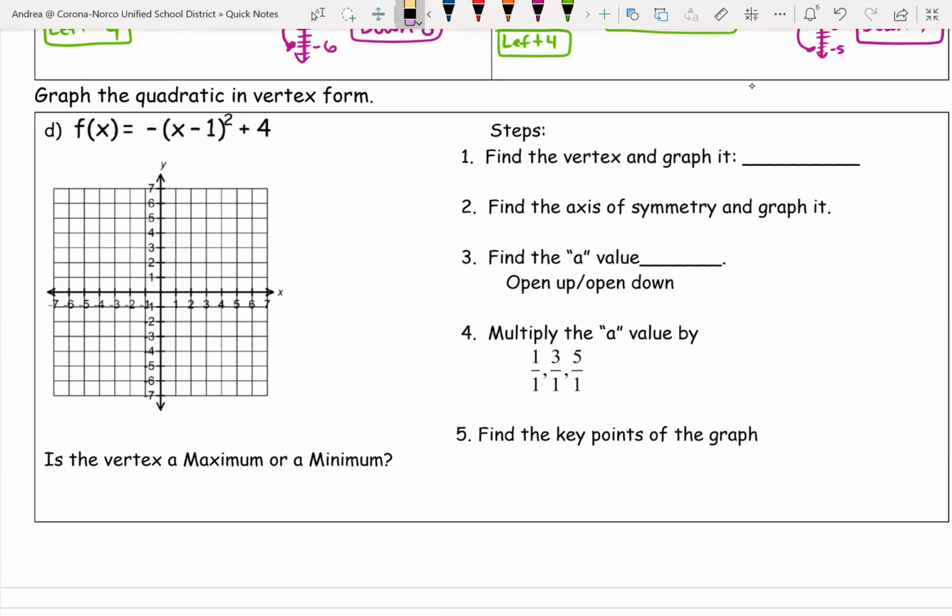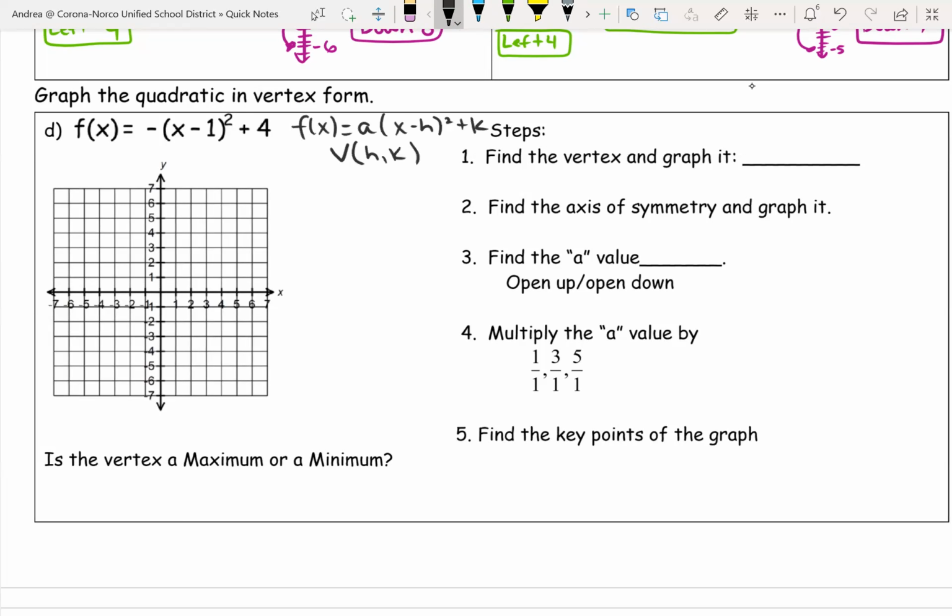In this case, it's going to be the vertex, okay? I gave you the basic equation of a quadratic. Okay, that was f of x equals a times x minus h, the whole thing squared, plus k. The vertex is h, k.